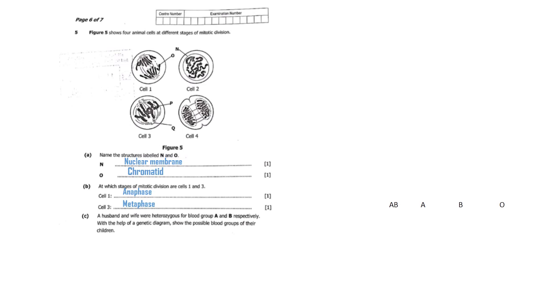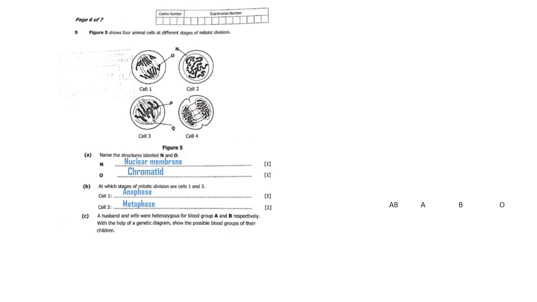C. A husband and wife were heterozygous for blood group A and B respectively. With the help of a genetic diagram, show the possible blood groups of their children. So here, make sure you follow all the steps as I will be doing for you to score all the marks.